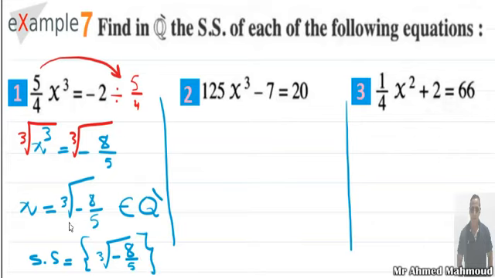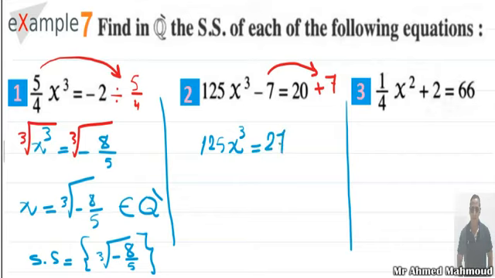The next one, here we have minus 7. I will send it to the other side as plus 7. Then 125 x to the power of 3 equals 27.